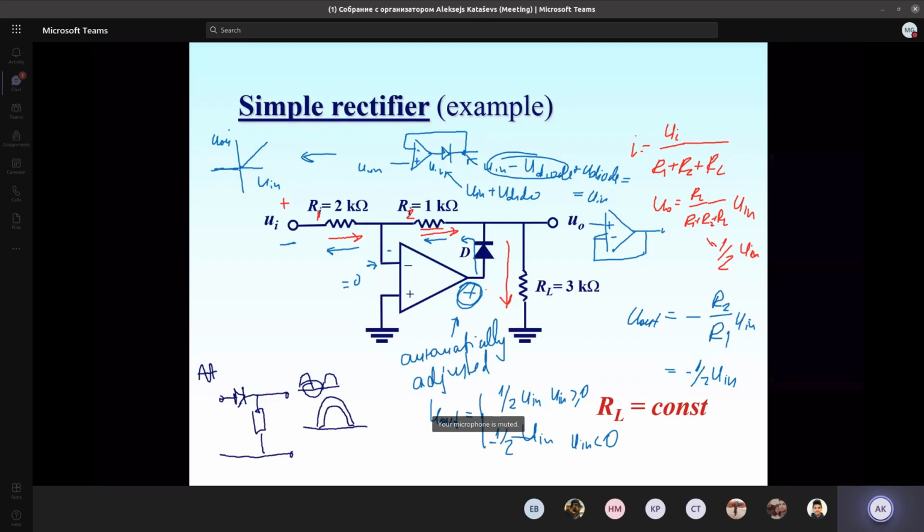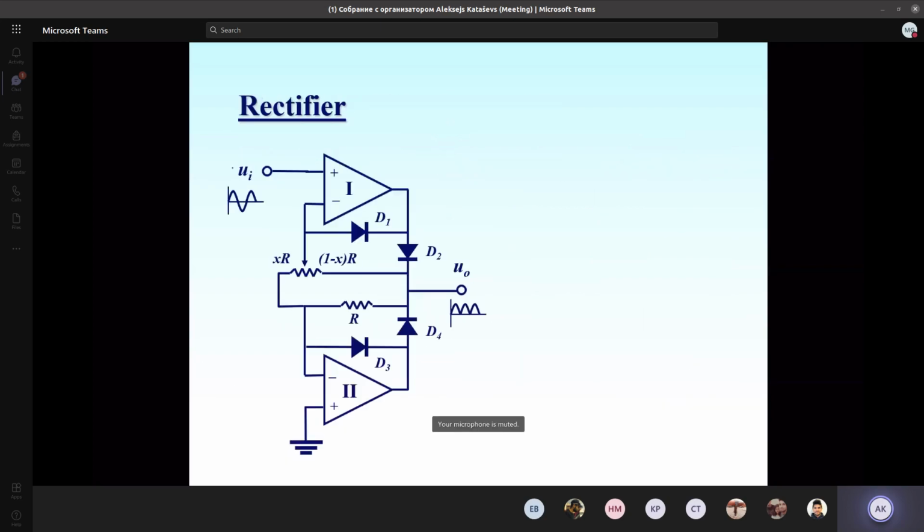Yes, there will be a voltage in the order of some microvolts, or probably some part of a millivolt, which appears because of the reverse flow, the leakage current of the diode. But it's a very useful circuit. The use of the amplifier together with the diode allows us to remove this drawback of the forward voltage.